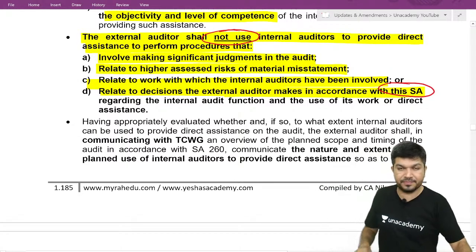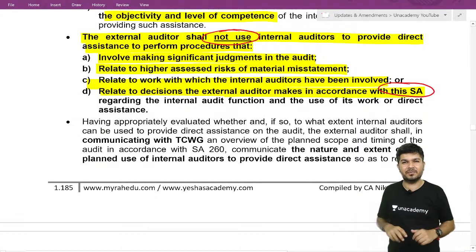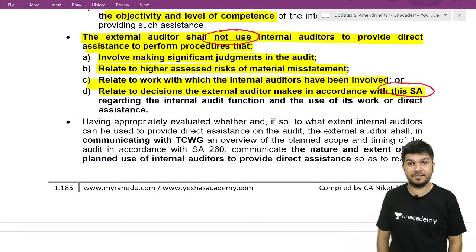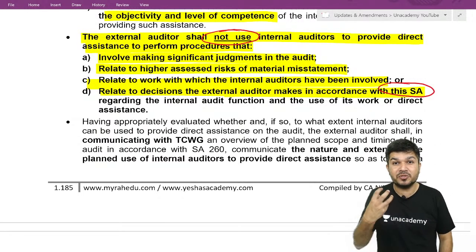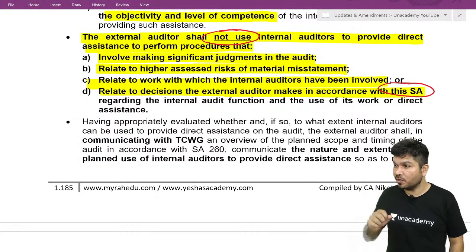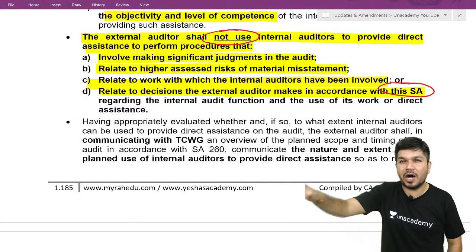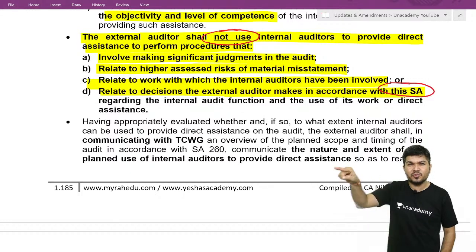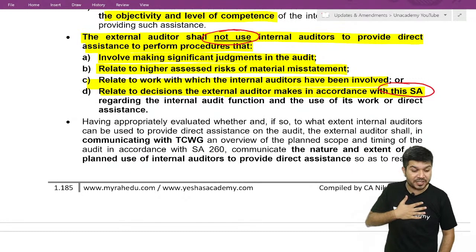Okay, now tell me, in this standard, which decision do you have to make? How much to rely on the internal auditor? I cannot tell the internal auditor, you tell me how much I should rely on you. That should not be there.